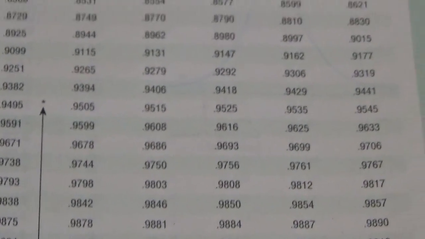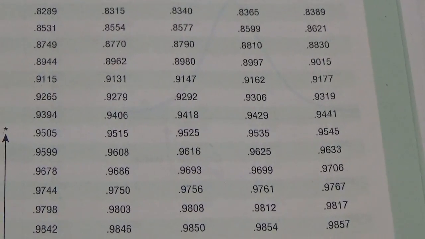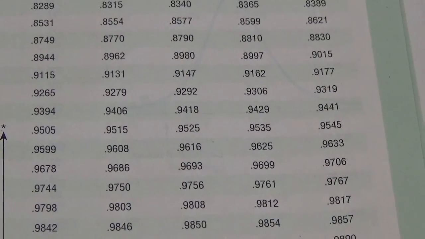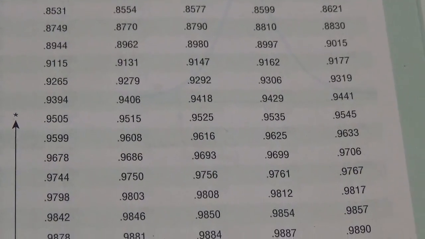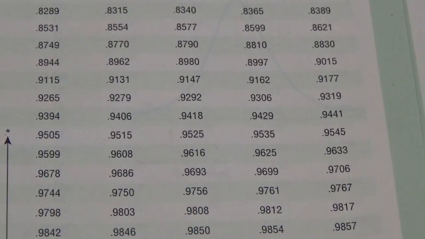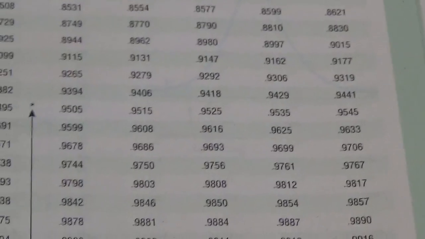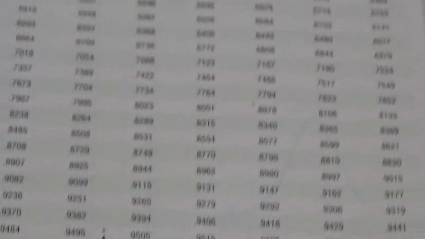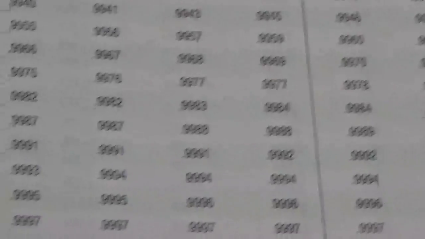Now, if the z-score is greater than 3.49, we use 0.9999. And if it's less than negative 3.49, we're going to use 0.0001. That's beyond the scope of the book here.